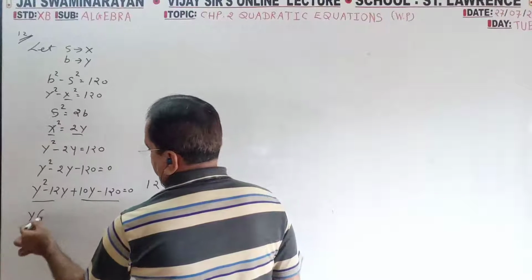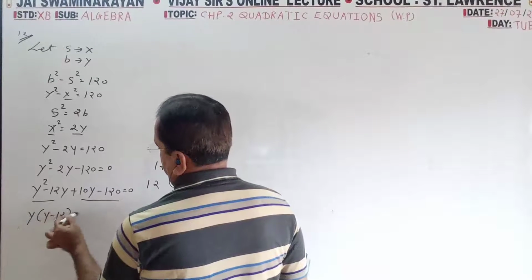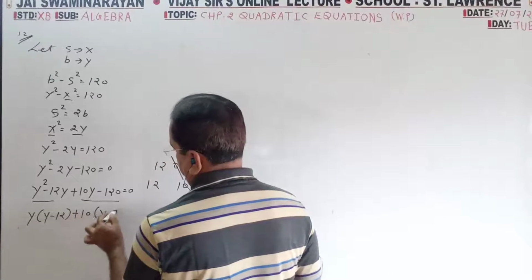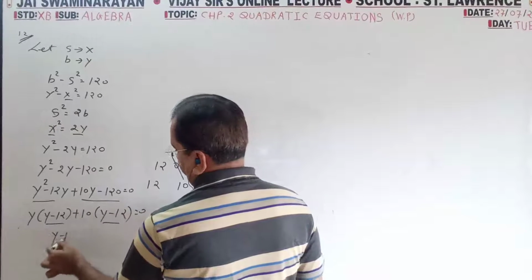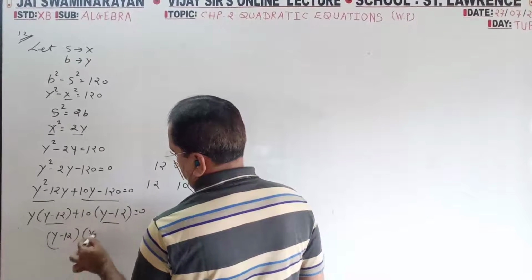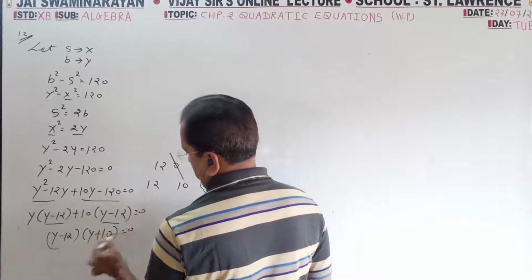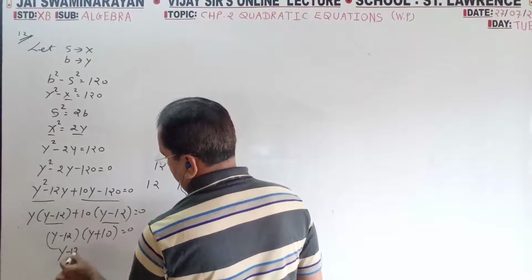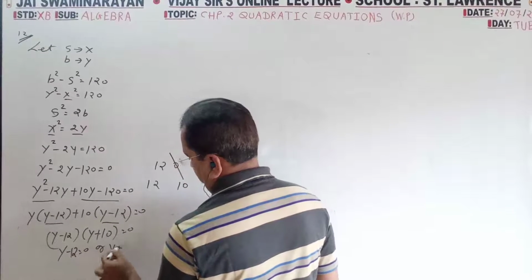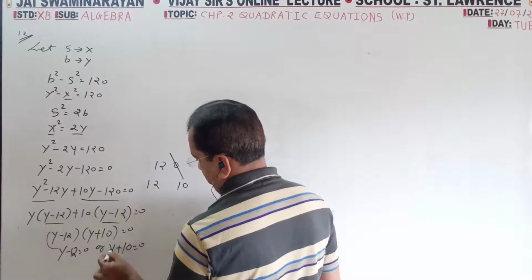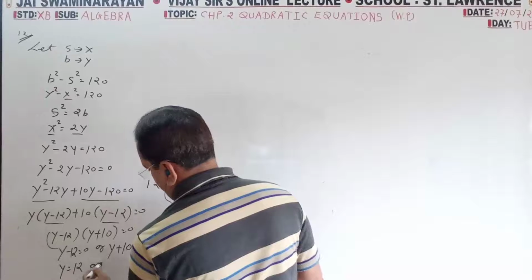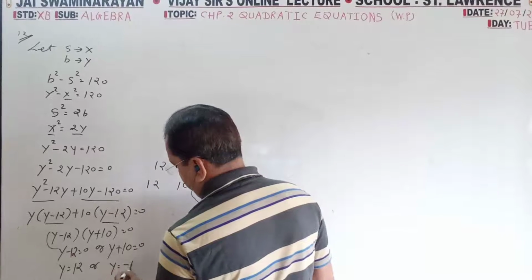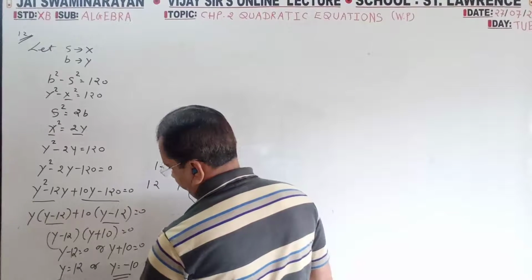So (y minus 12)(y plus 10), common of common, y minus 12 is 0 or y plus 10 is 0. So y is equal to 12 or y is equal to minus 10.